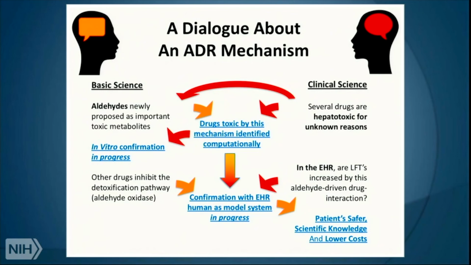So we can now use humans as a model system in the EHR to look for cases where patients are prescribed a drug that forms a reactive aldehyde alongside drugs that inhibit the detoxification pathway, and see if they have a higher incidence of drug toxicity in those cases. That's something we're in the middle of doing in our group right now. And so we're getting to the point of going all the way from quantum mechanics to the clinic, which I'm saying is really the exciting thing about this work, just on a conceptual level, and also how we're able to engage this on a month-to-month basis in our group.